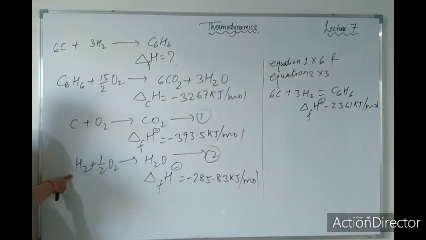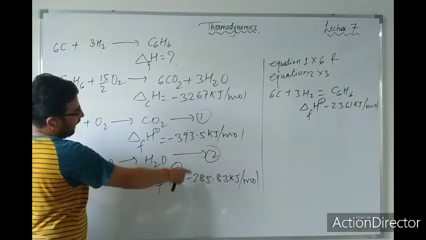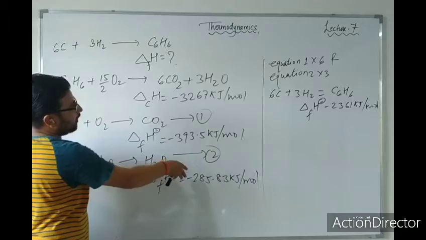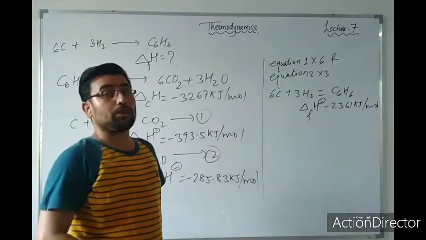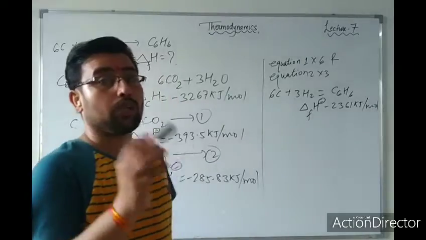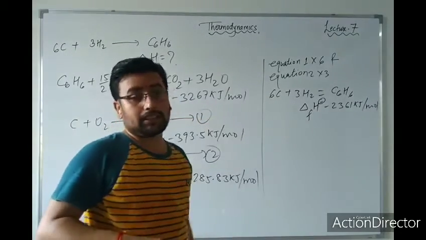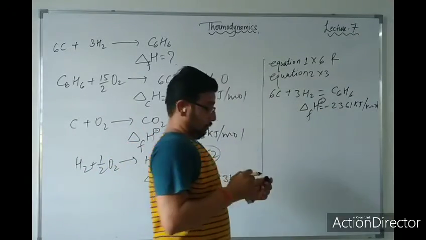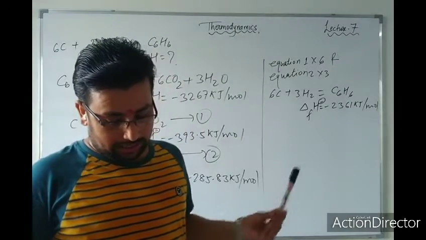And here I multiplied by 3. So you know very well, 6 times 3 is 18 and 2 times 3 is 6, whatever value comes. And you know very well the standard enthalpy of formation for 1 mole formation, the formula we had, we will fit the values in the formula, delta HF is equal to minus 2361 kilojoule per mole. This is our answer.